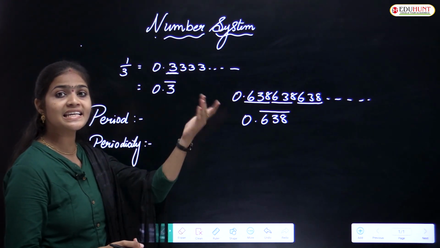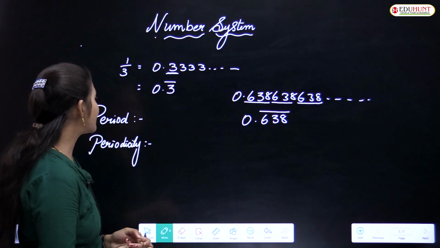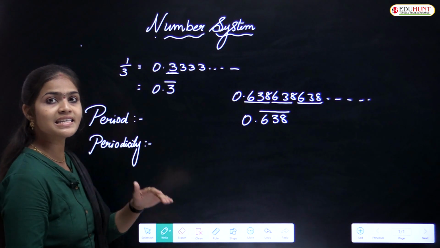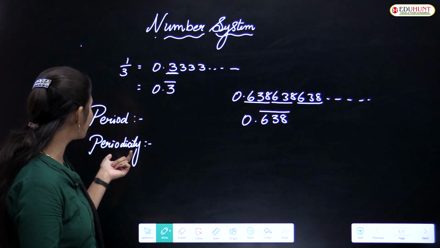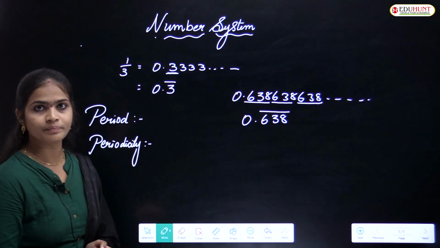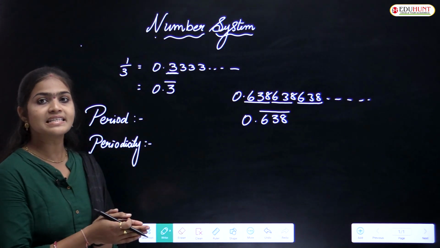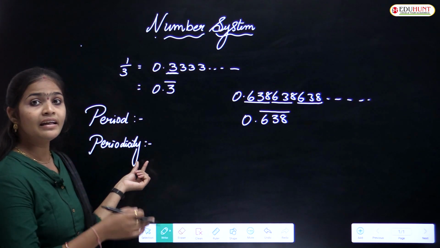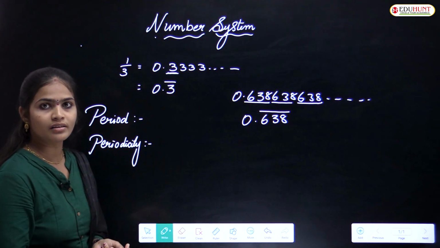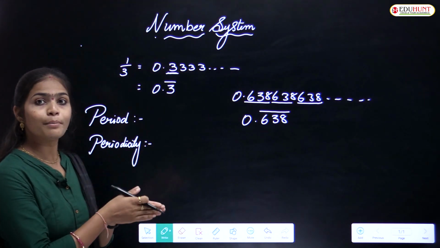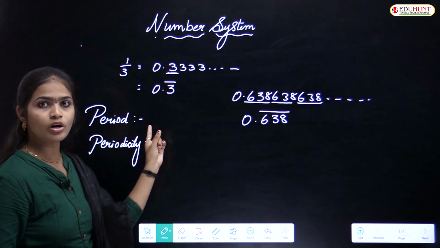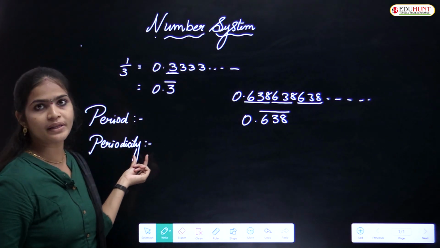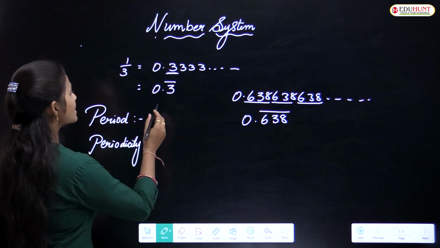Which number is in repetition, that is called the period. In that repetition, how many digits are there, that is known as periodicity. Number of digits in repetition is known as periodicity. See the difference: which number is in repetition is the period, and how many digits are in repetition is the periodicity.